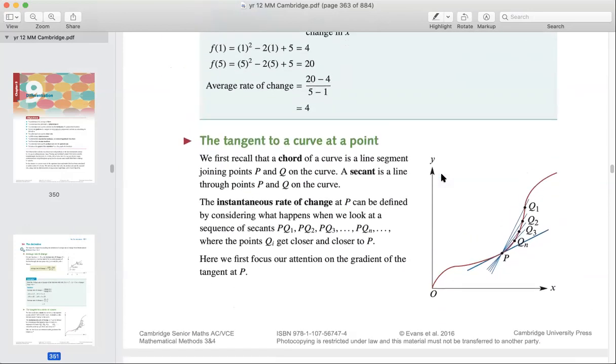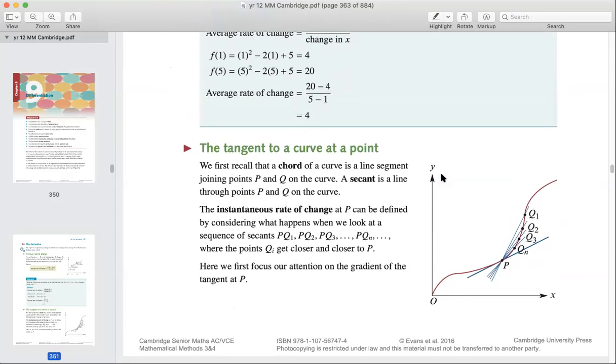Let's look at this one. First, I want to give you the geometric representation of derivatives. We have 2 points, P and Q, located on the curve. If we connect P and Q1, we get one straight line, and then we get the gradient. Then I make Q1 slightly nearer to P, so it becomes Q2. Then I connect PQ2 again, another gradient.